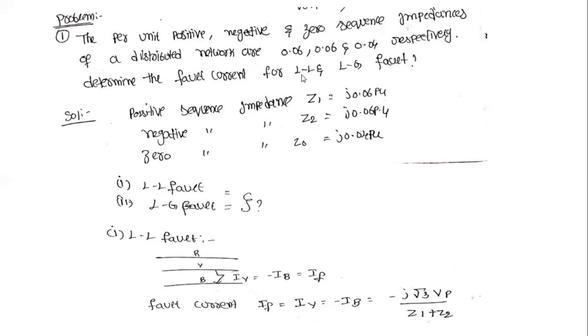Therefore, we are calculating the fault current IF for line to line and IF for line to ground faults. That is the given data.